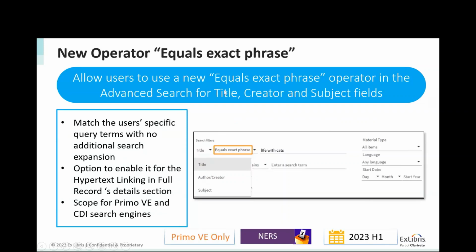And an additional improvement to the advanced search, we are adding a new operator. We named it equal exact phrase. The equals that exists today, before this enhancement, was actually working as match an exact phrase, but we could have additional string.